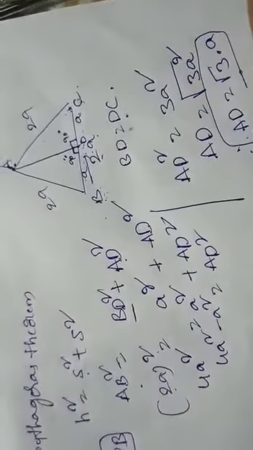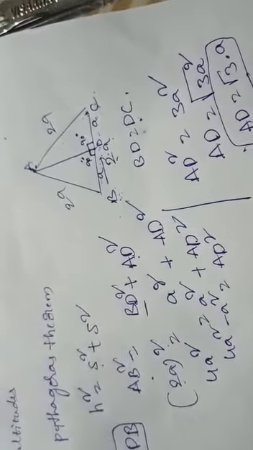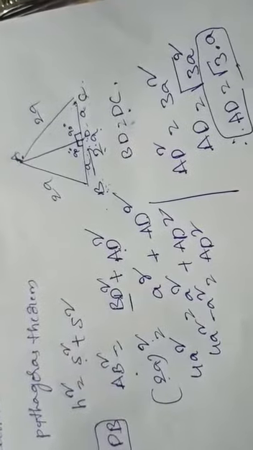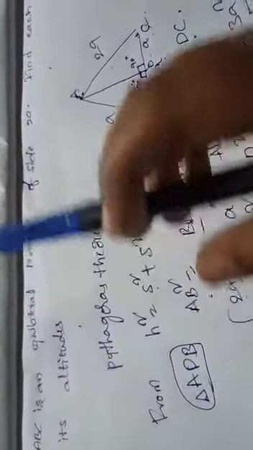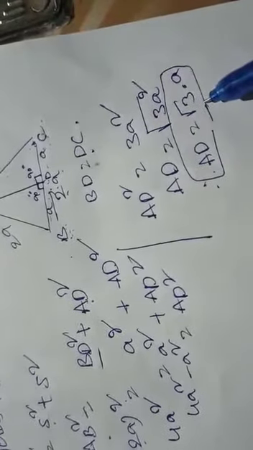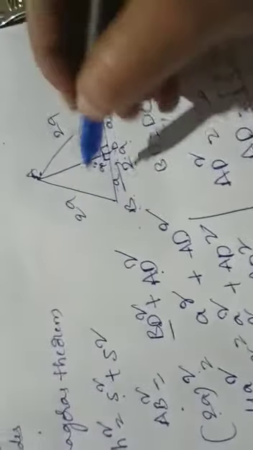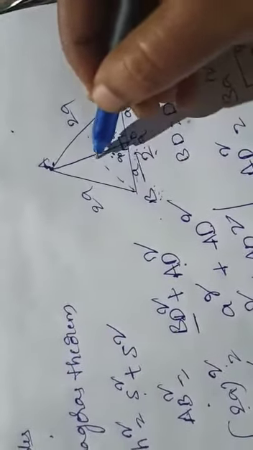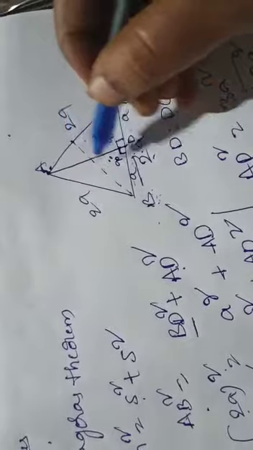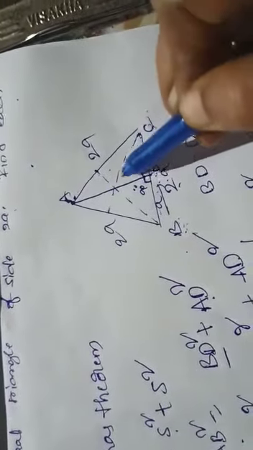Okay. Here altitude AD equals root 3 into A units. Here we have to find each of its altitudes. Similarly, we can find that each of the other 2 altitudes is root 3 into A. This is one altitude and this is one altitude.